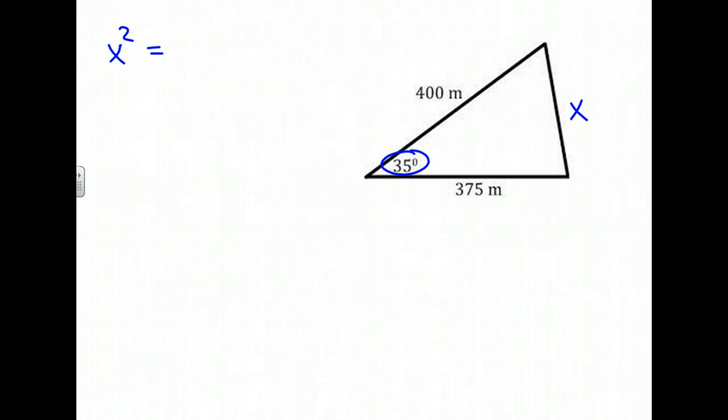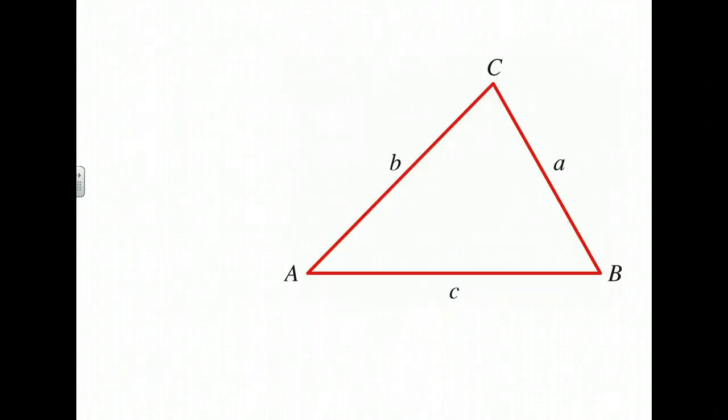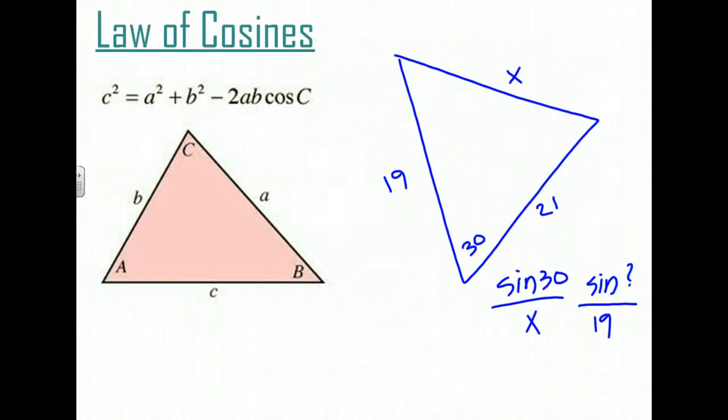if you go back and take a look at the formula here, the formula can be written three different ways. I think I covered this yesterday. It's written in terms of c right here, but I also could write it in terms of a. If it was a squared equals, it would be the other two, b squared plus c squared minus 2bc cosine of a.